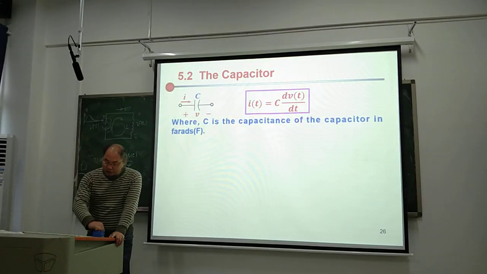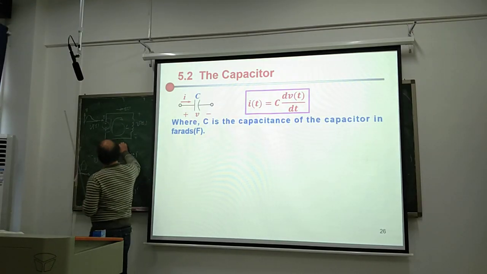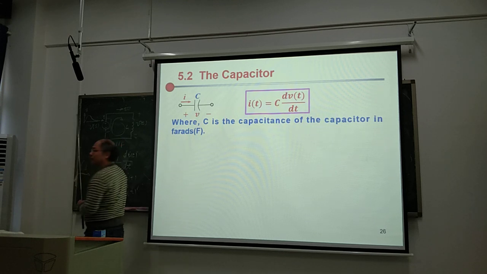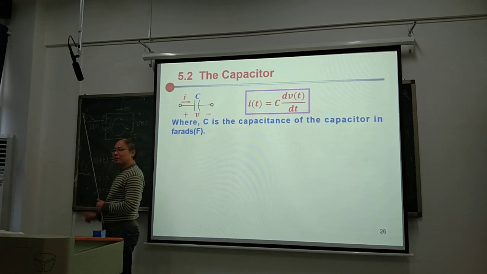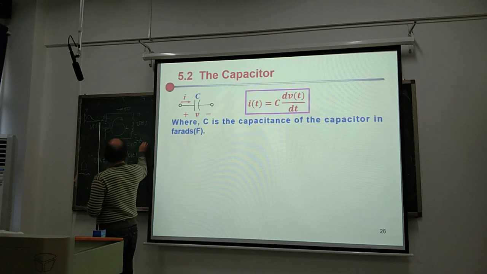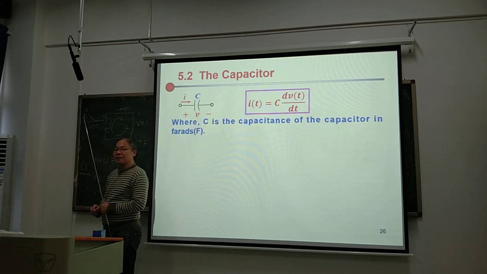So we usually use microfarad, mu F. Mu means one millionth, right?